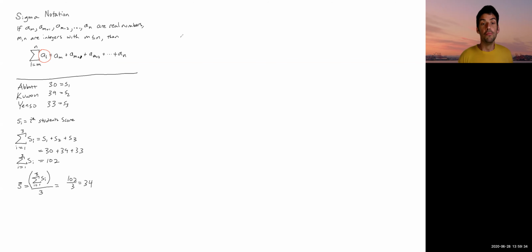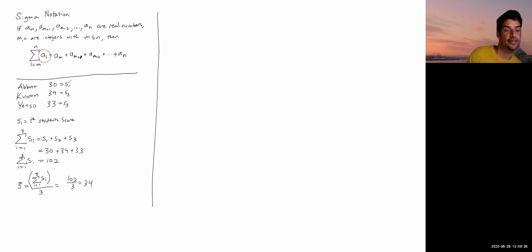Okay, more typically for us, instead of having this kind of list of given values for each S sub i, we might have a form. What I mean by that is I might write something like the sum from i equals 1 to 5 of i squared. So now these are all of my a sub i's.